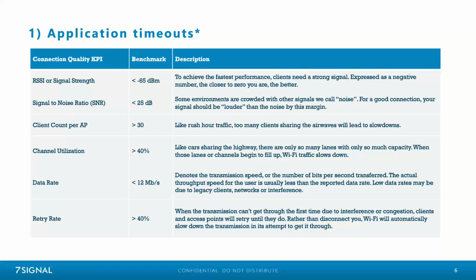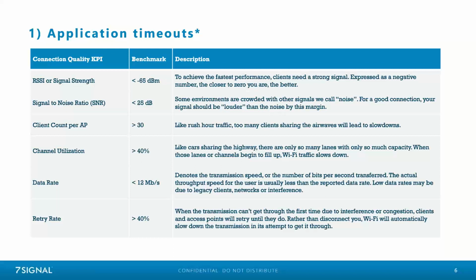If you've got a signal strength of greater than 65 dB, the CWDP 303 exam says 67. Again, that's related to voice, and we'll talk about that. If you've got an SNR, a delta of 25 dB, you're in good shape. Client count per AP, not per channel, less than 30. Channel utilization, I want to really look at this and make this a topic here, because you're going to see a reoccurring thing pop up with high density environments: under 40% utilization.